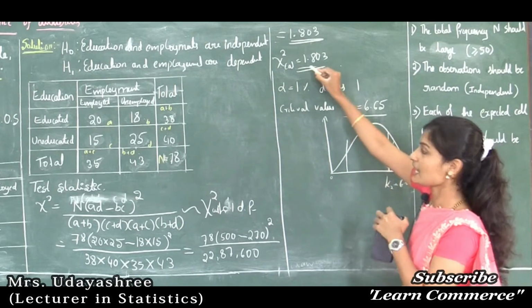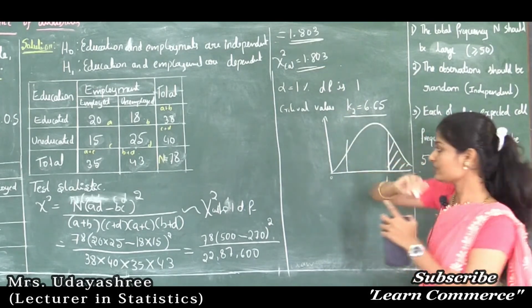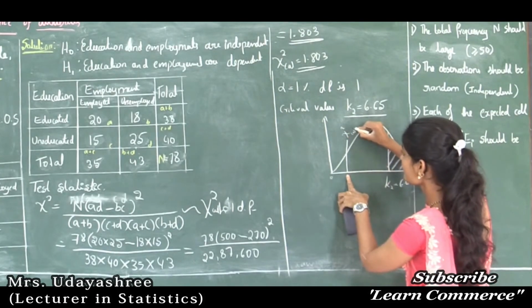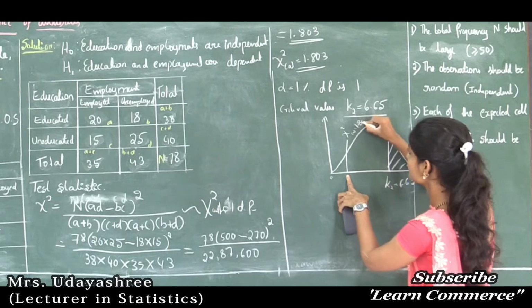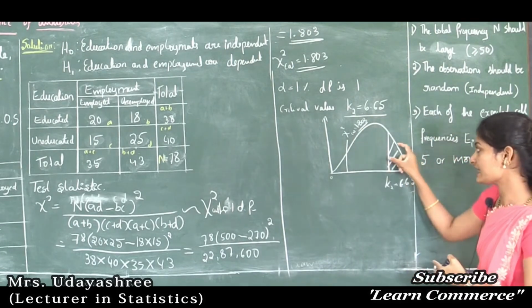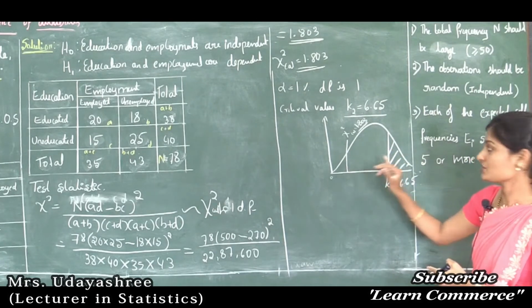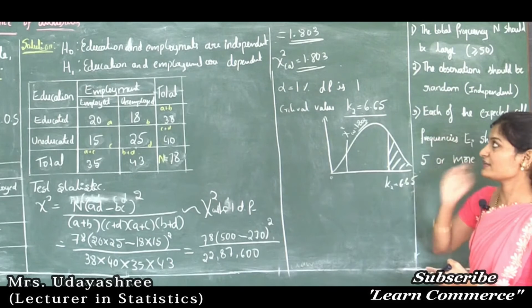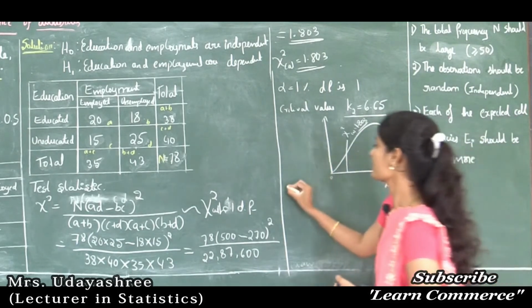So this is the calculated value, 1.803. This is the rejection region and this is the acceptance region. The calculated value lies in the acceptance region, therefore H naught is accepted.